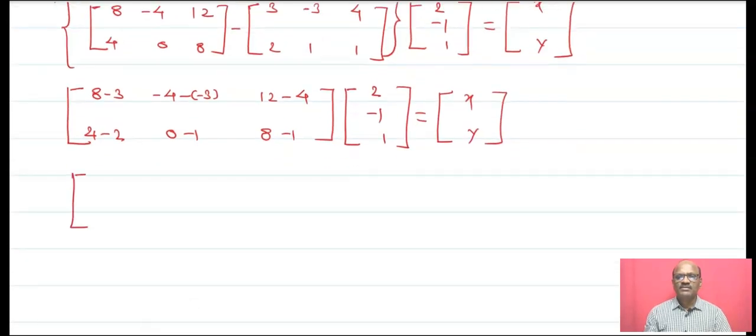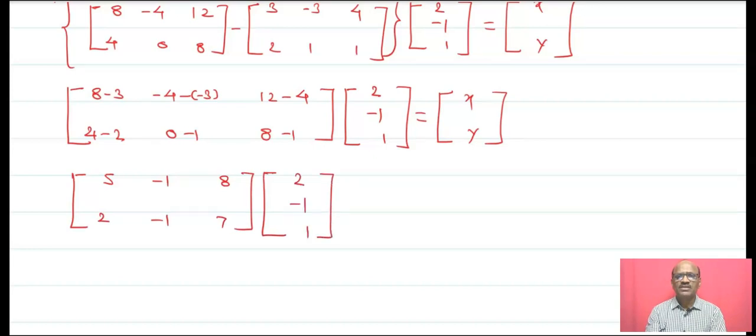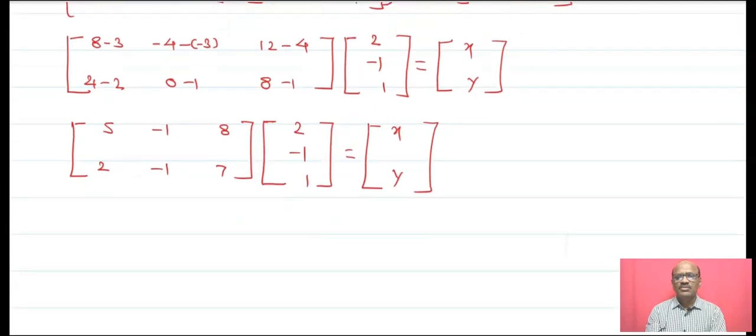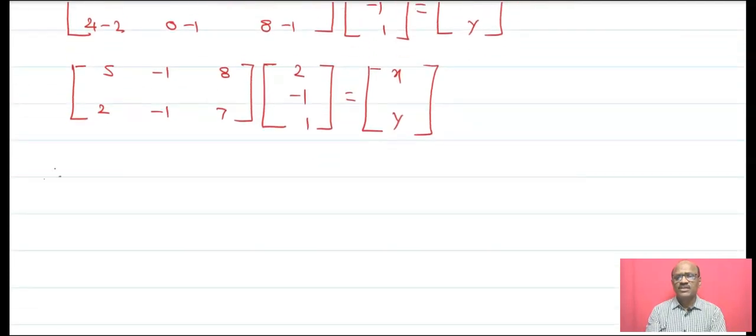Now perform their respective algebraic addition, that is the matrix times [2, -1, 1] equals [x, y]. Now the order of the first matrix is 2 by 3 and the second is 3 by 1. Therefore the resultant order is 2 by 1.